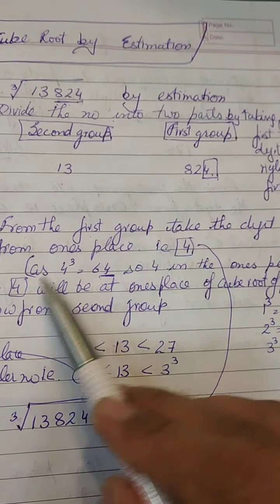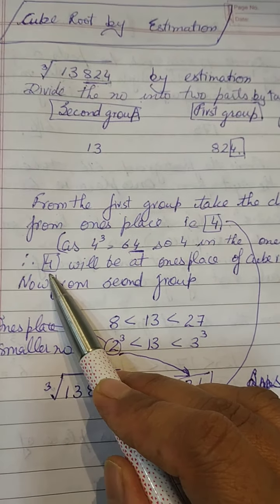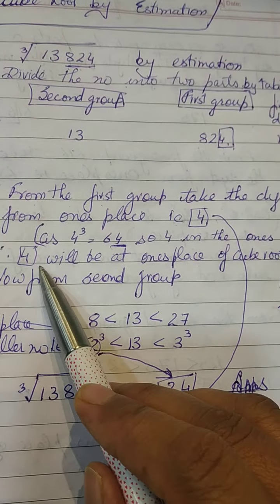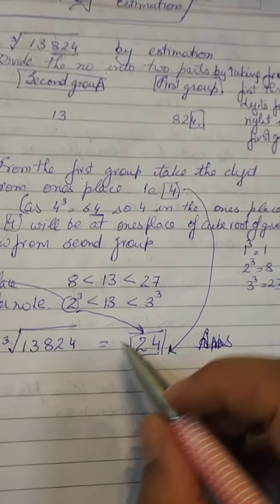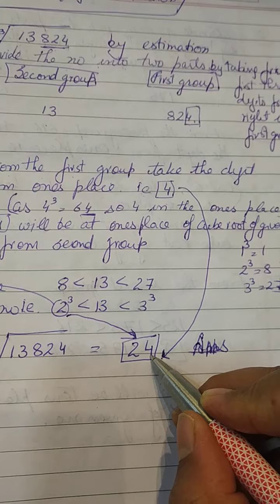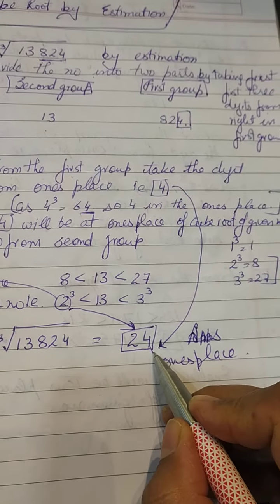Here the numbers are the same: the ones digit of the cube of 4 is also 4. So this number we will take as our answer. 4 will be at ones place of our answer.